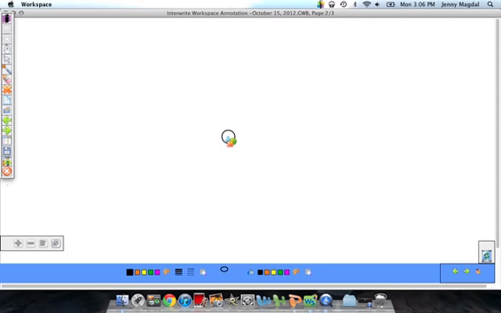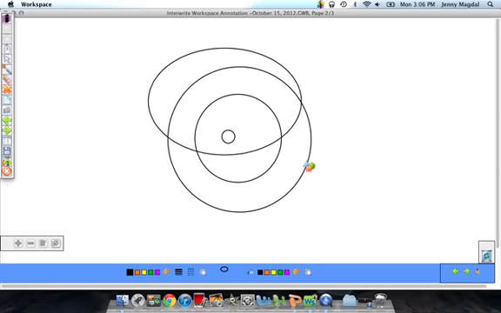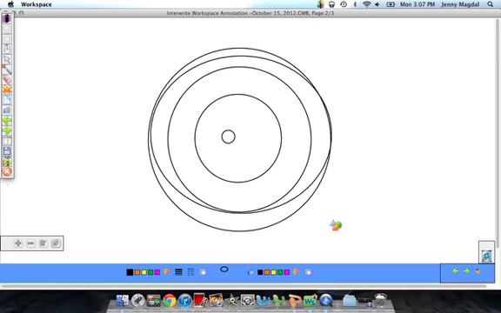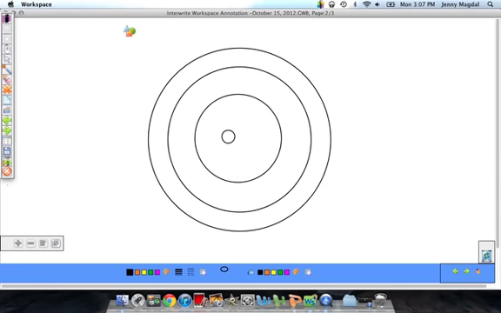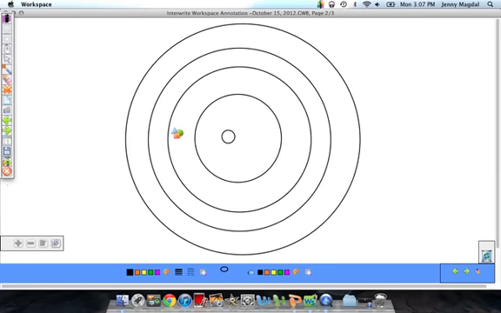Hydrogen has just one proton in the nucleus, so that's my proton. And around I've got my first energy level, my second energy level, my third energy level, and my fourth energy level.